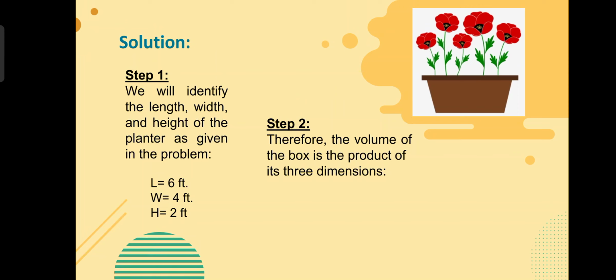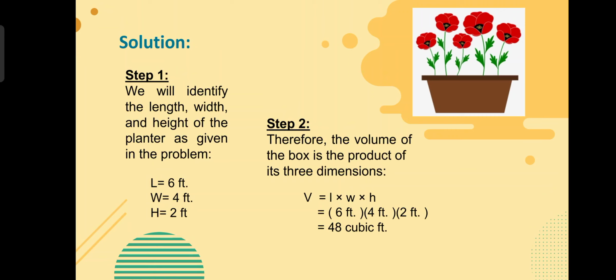Therefore, the volume of the box is the product of its three dimensions. Since the planter box is a rectangular shape, we will use the formula of the volume for the rectangular shape, which is V equals length times width times height.